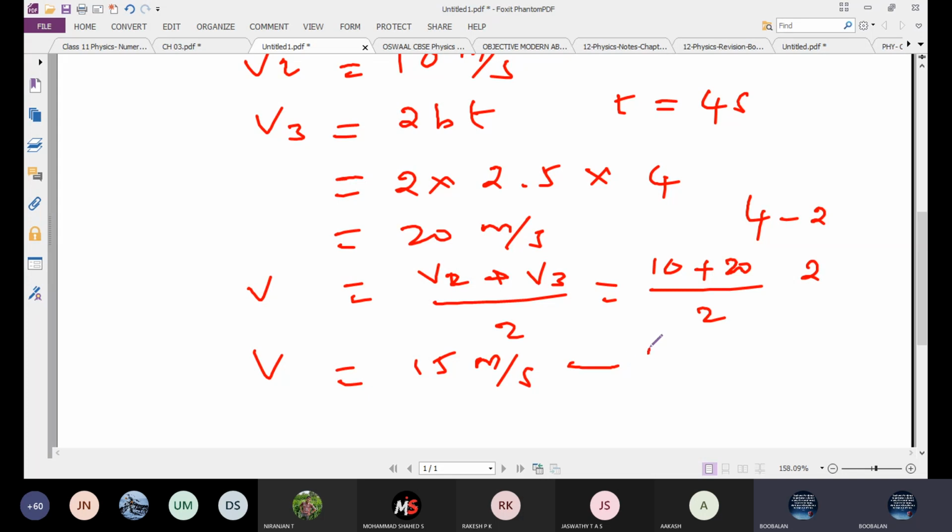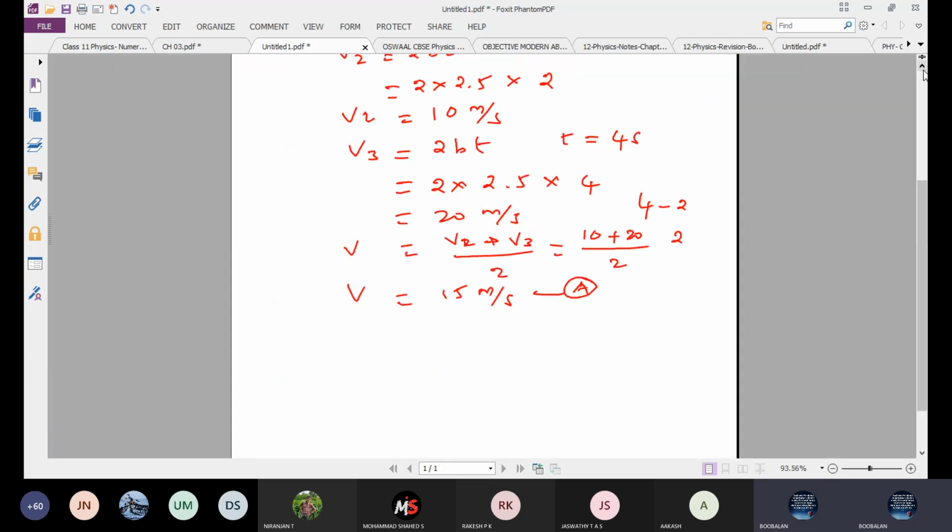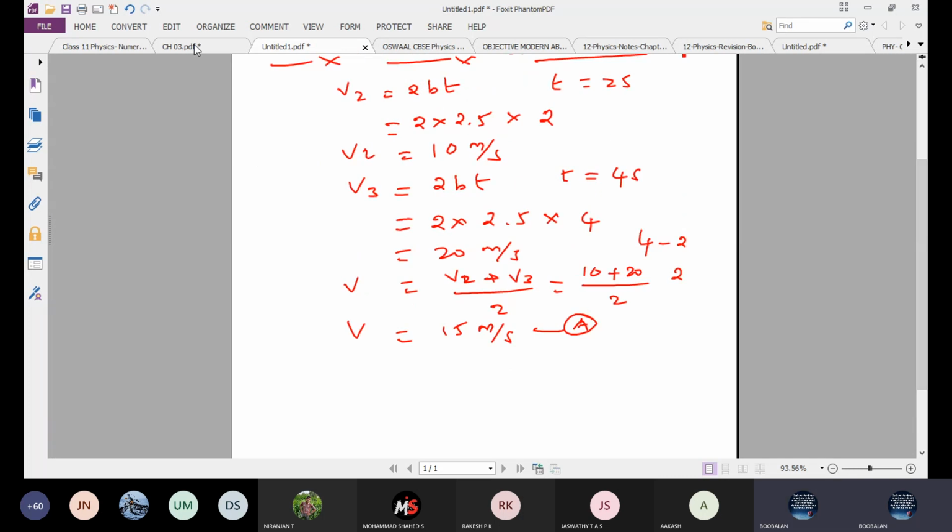Equation number A. Okay, once we cross check whether it is okay or not, after we copy this one. Yeah, so the answer is 15 meter per second.